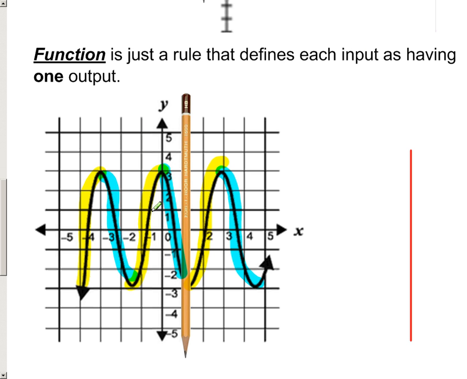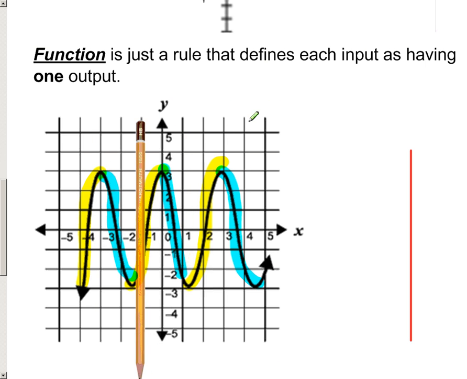So as a result, all of the aqua, bluish zones are also free from this vertical line test. It's only touching 1 point of that function at a time. Excuse me, at 1 point of that relation at a time. And so since it passes this vertical line test, we know it is a function.